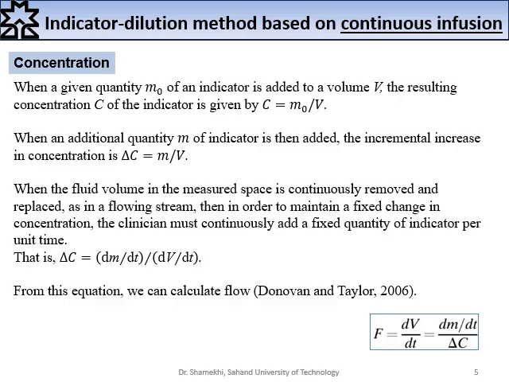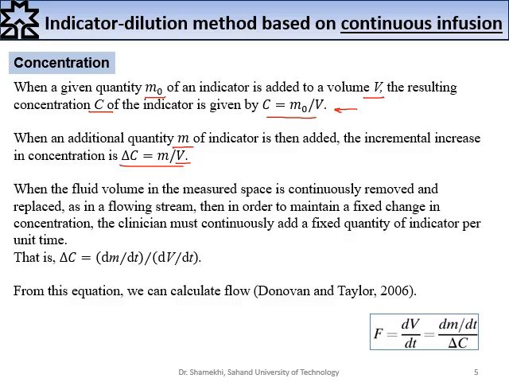When a given quantity M0 of an indicator is added to a volume V of, in this case, blood, the resulting concentration C of the indicator is given by a simple equation. When an additional quantity M of indicator is then added, the incremental increase in concentration is given by a similar equation, with the volume constant.